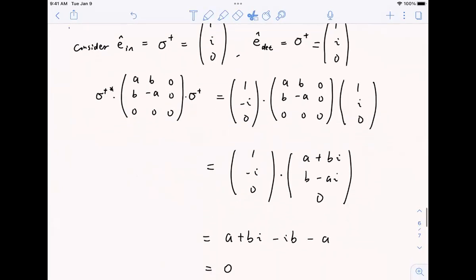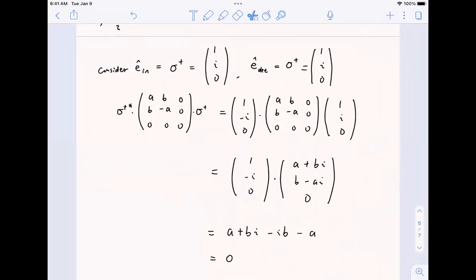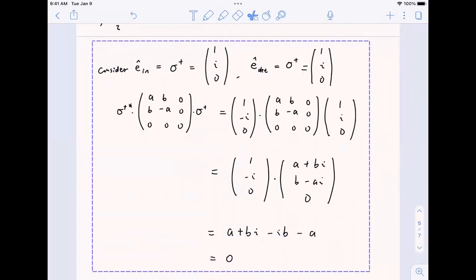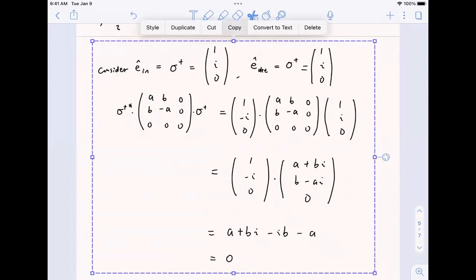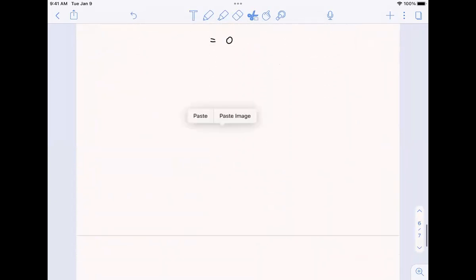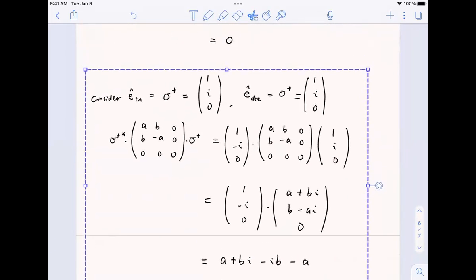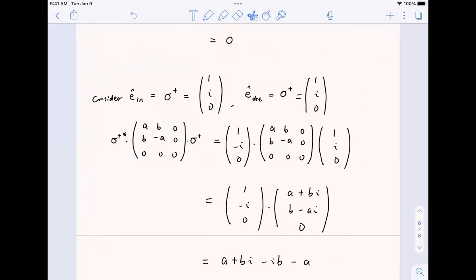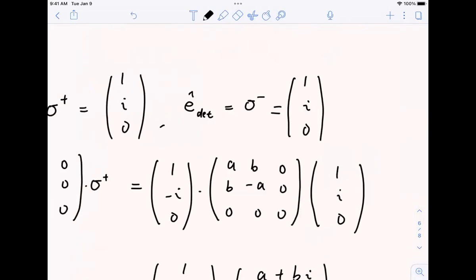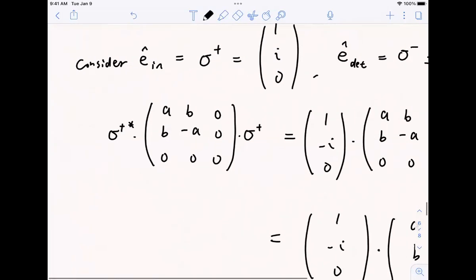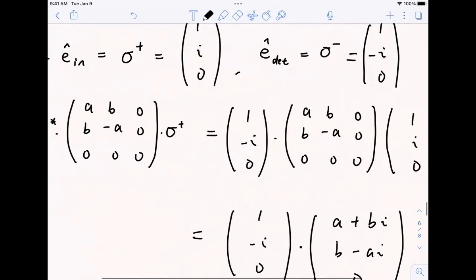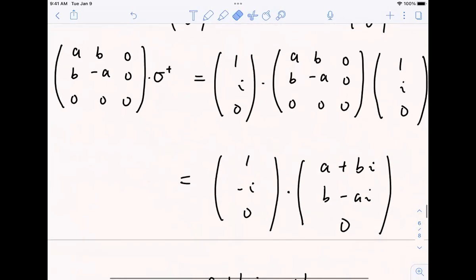Okay, so let's continue. Let me just copy the whole thing. Now consider the detection is the opposite, negative. Then this one will be negative i. Then this will be negative. Then this will become positive.